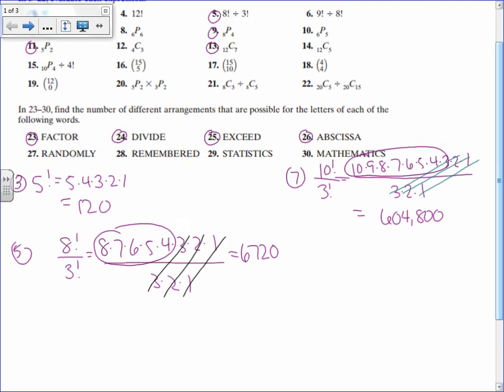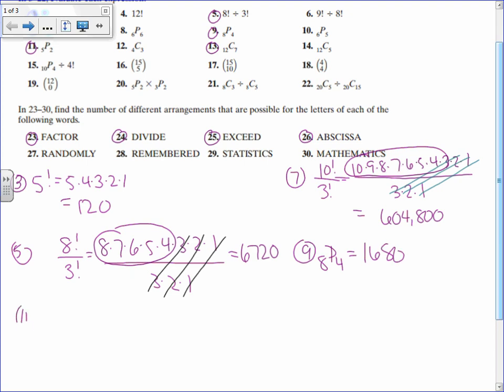Number 9 is 8P4. This you have to do in your calculator, so you're going to hit 8, then go back under math and go to the PRB menu where the factorial symbol was. You hit P, then you hit 4, and you should get 1,680.